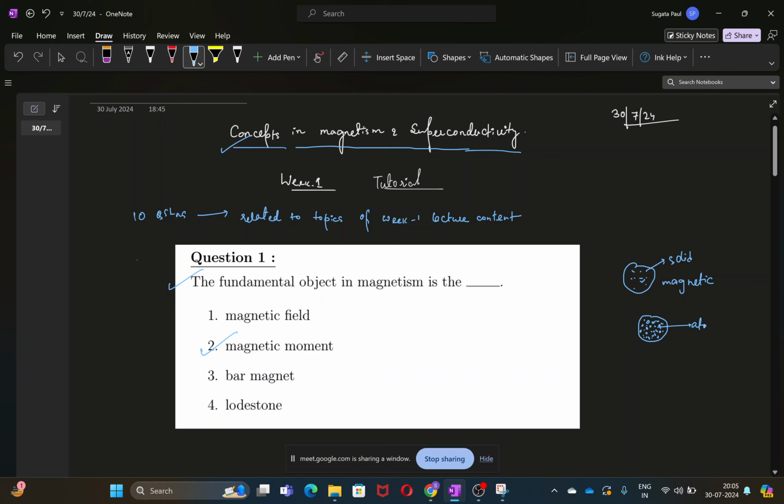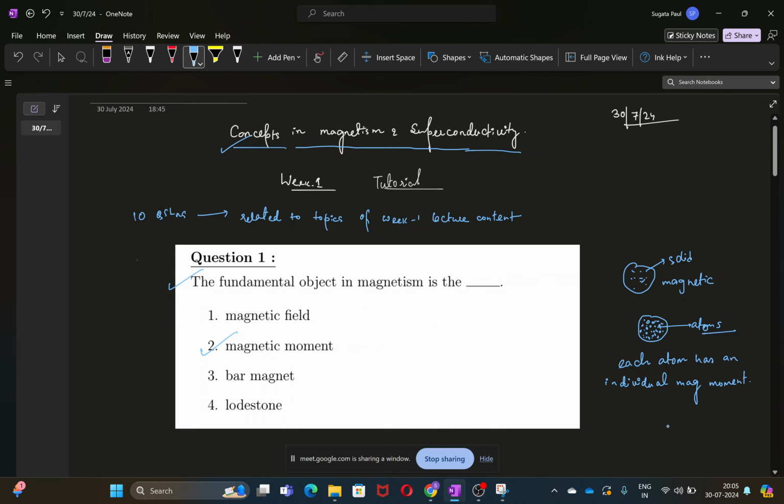Now each atom has an individual magnetic moment.